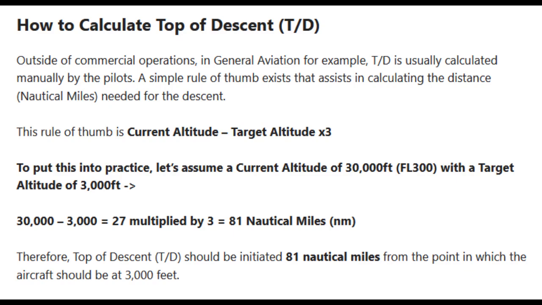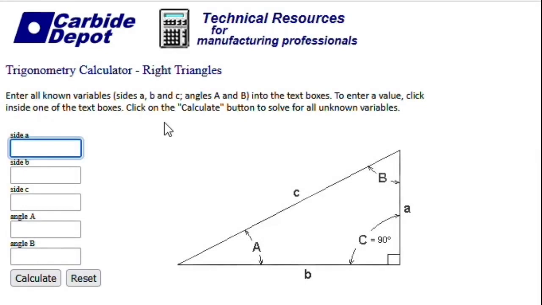Now let's make the same calculation using a trigonometry calculator. We still figure out the change of altitude by subtracting 38,000 feet minus the traffic pattern at 1,000 feet, which is 37,000 feet. We input 37,000 feet altitude for side A, and then put in a 3-degree glide path angle for uppercase A. That gives us a ground or side B distance of 706,002 feet.